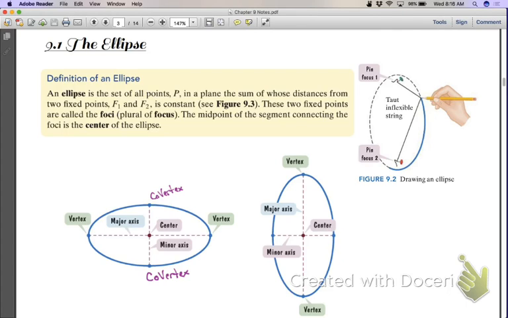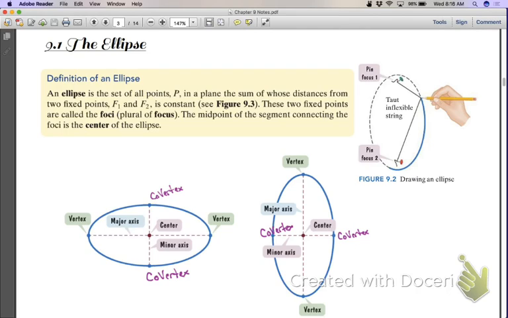If you notice between the two ellipses, even if I write it on the tall one, I would have the covertex here and here. Your vertex always goes with the long side, the side that's further away from the center.